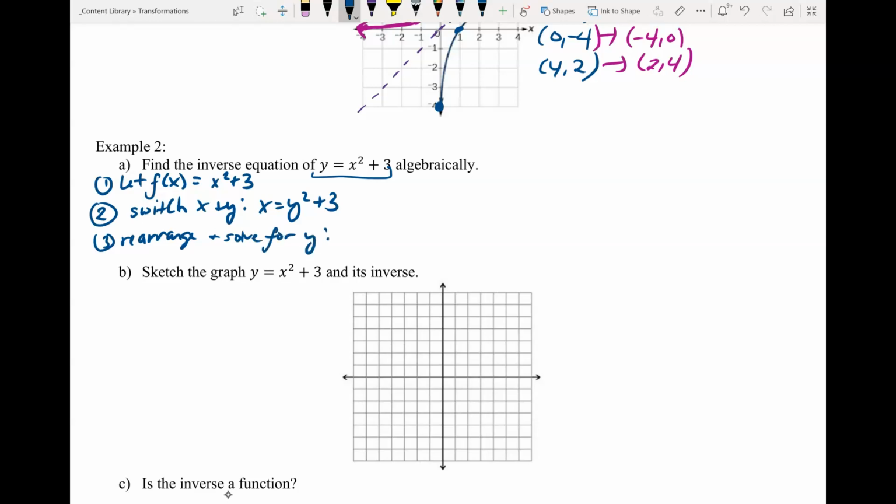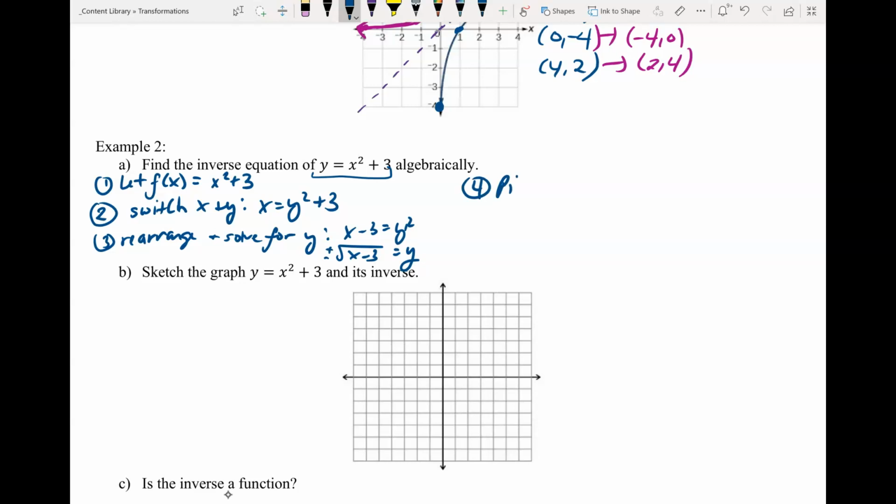So that means I'm going to move the 3 to the other side and then square root both sides to solve for y. And when I do that, I'm going to get a plus or minus in the front. So our answer is plus or minus the root of x minus 3, and this is our inverse equation.